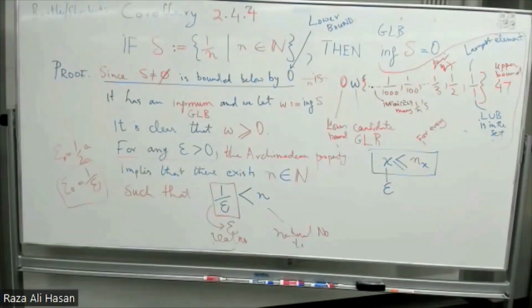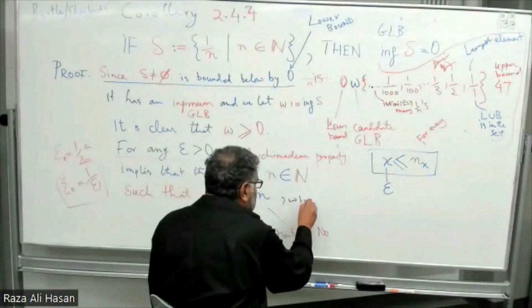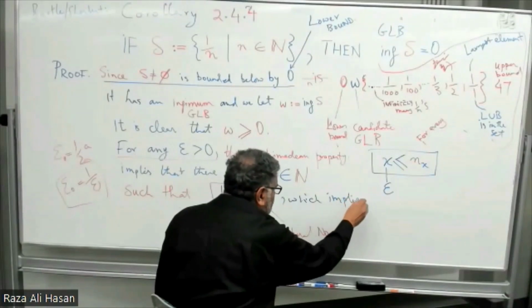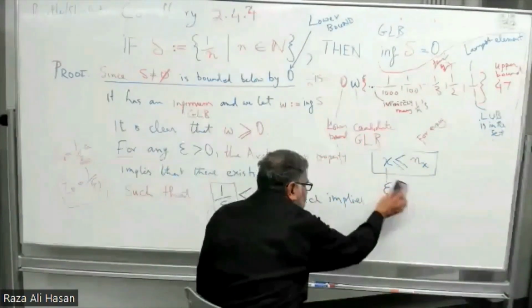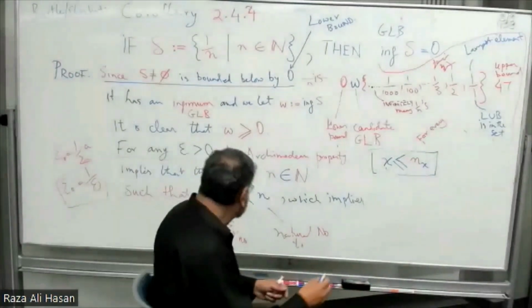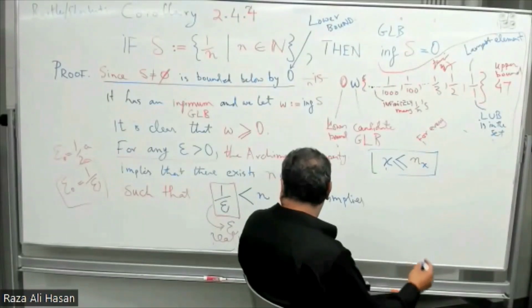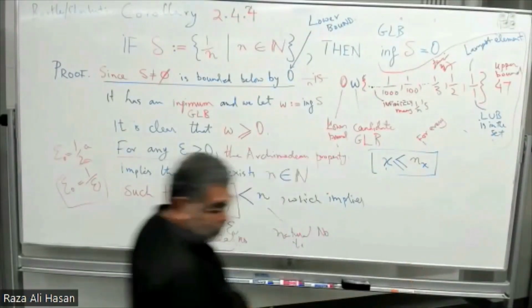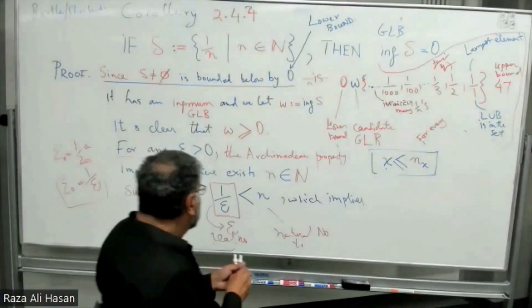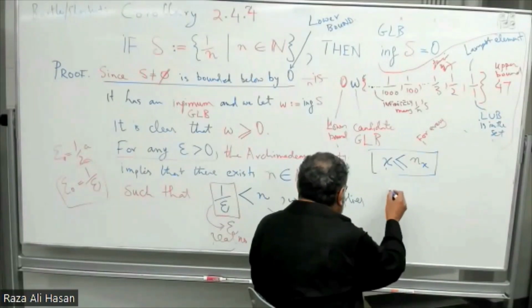Which implies, and they're pulling all the tricks that make math hard. We divide both sides by n.